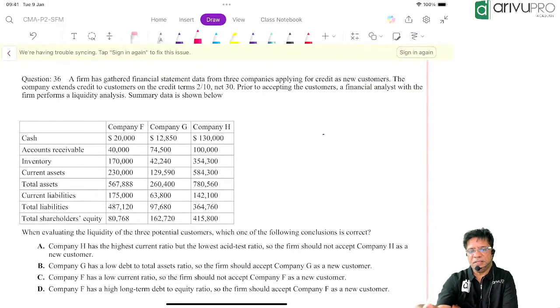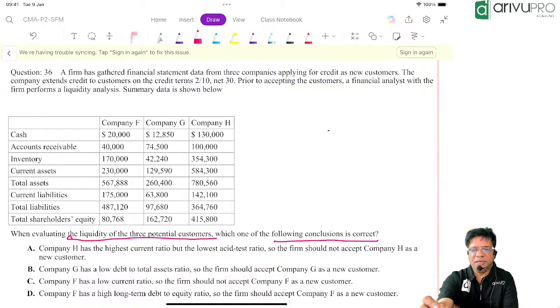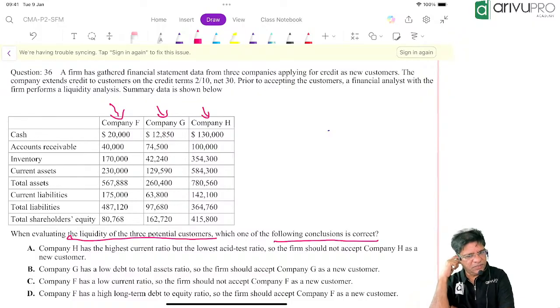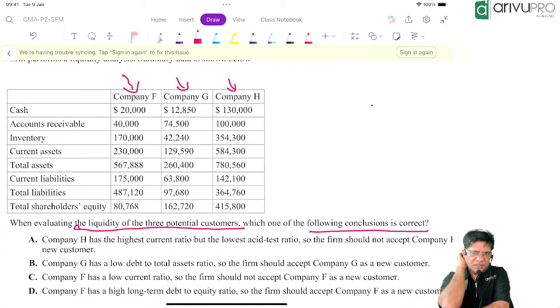Now, when evaluating the liquidity of 3 potential customers, which one of the following conclusions is correct? A firm has gathered data from 3 companies applying for credit as customers. The company is analyzing 3 customers, F, G, H. Which customer will you take as a credit customer?